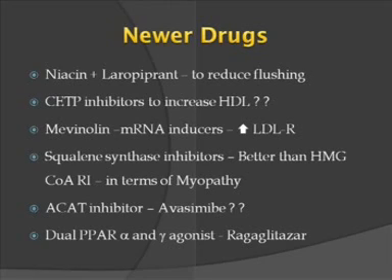The other group of drugs are the dual PPAR agonists, those drugs which act on PPAR gamma as well as PPAR alpha. We know that PPAR alpha and PPAR gamma have different actions on the lipid front and on the glycemic front. Ragaglitazar is a drug being developed which is supposed to have a dual PPAR action. So these are some of the newer drugs as far as the lipid story is concerned.